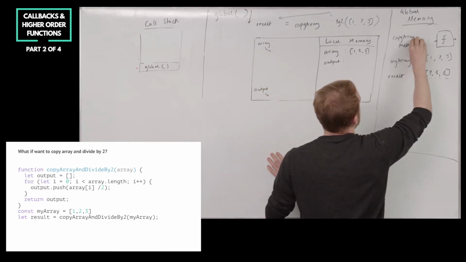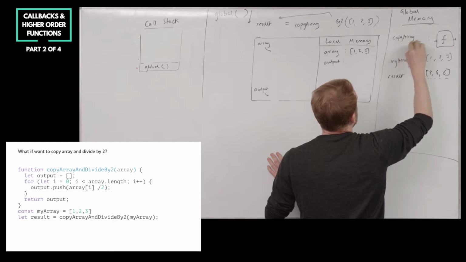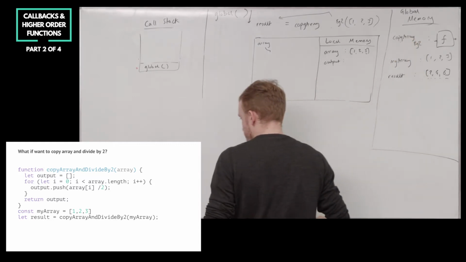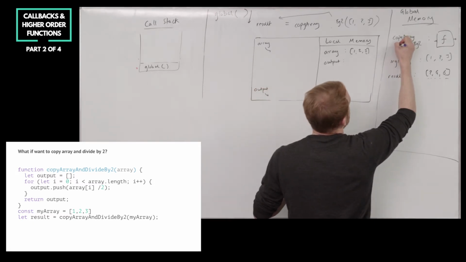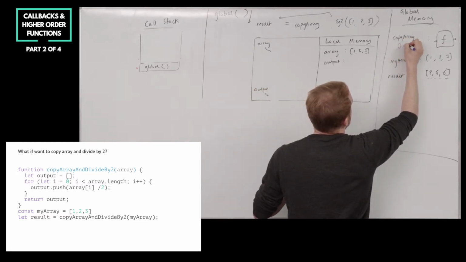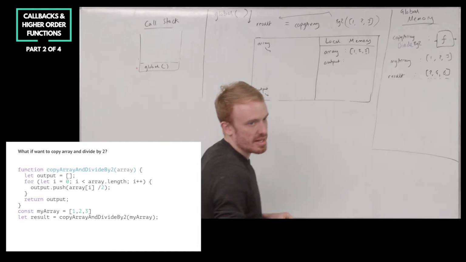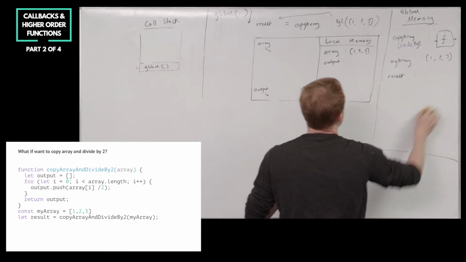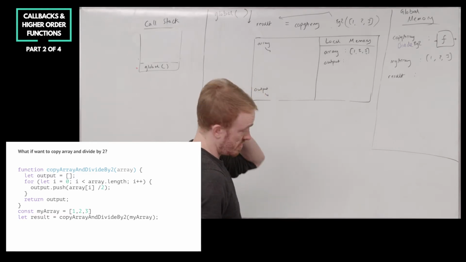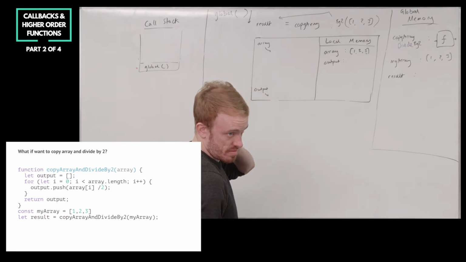We are declaring a new function called copy array and divide by 2. Excellent. Next line, Z. We're declaring the global variable my array and setting it equal to an array of elements 1, 2, 3. Very good.